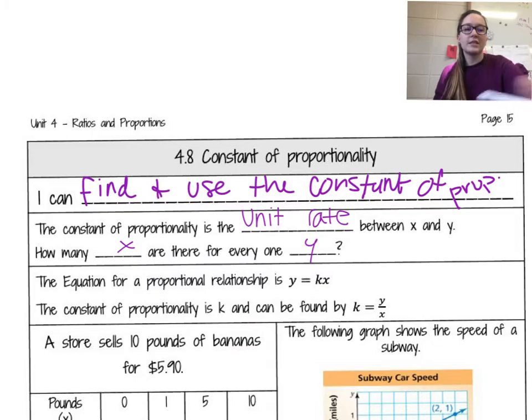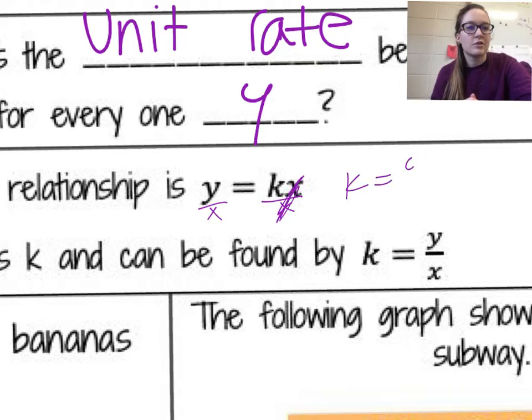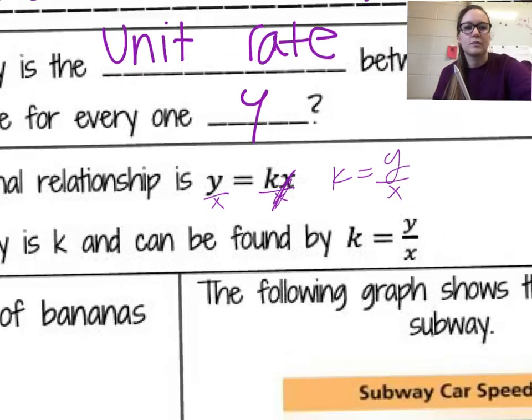And it can be found by taking y divided by x. Because if I take my equation, you don't have to write this part down, and I divide by x, the x's go away, and you're left with whatever y divided by x is. Okay, and that'll make more sense when we start using it and showing you what it means.